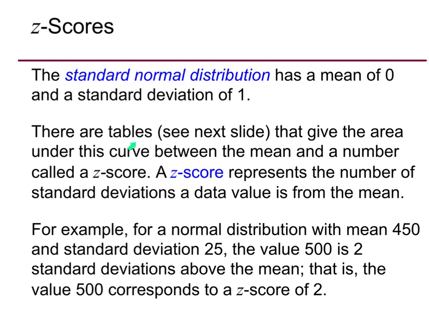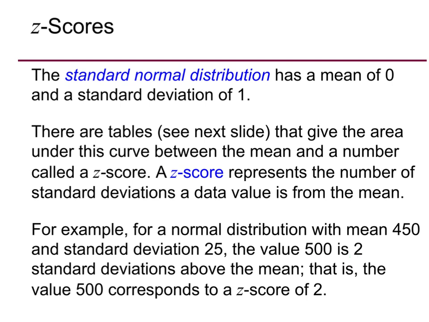And we use tables that I'll show you on the next slide to give the area under the curve between the mean and that Z-score. All right? And the Z-score represents the number of standard deviations that a data value is from the mean. Like the example that we have here: if I have a normal distribution that has a mean of 450, and the standard deviation is 25, a score of 500 is 2 standard deviations above the mean.